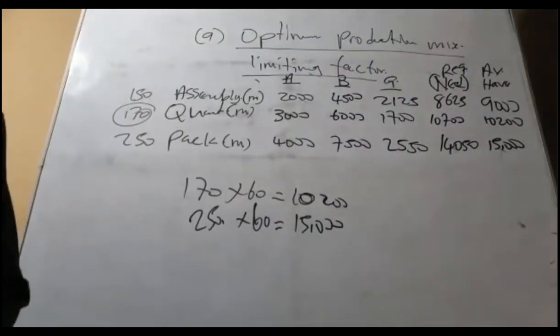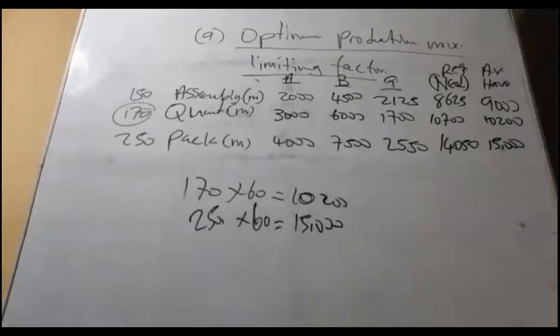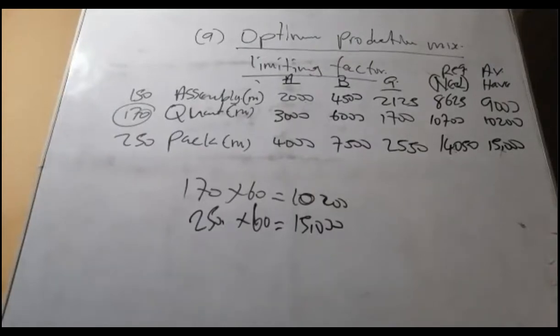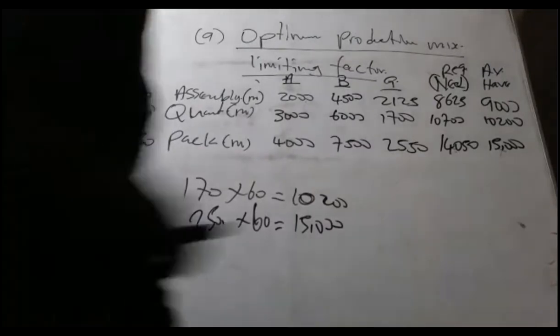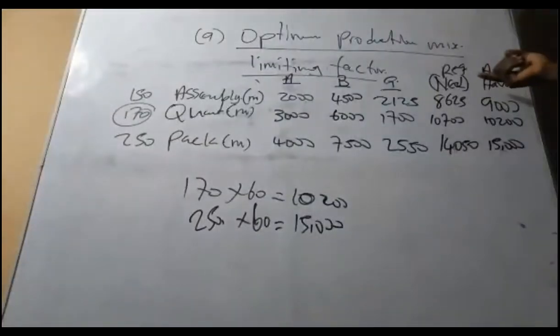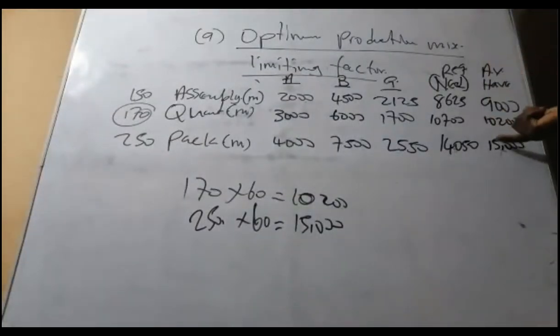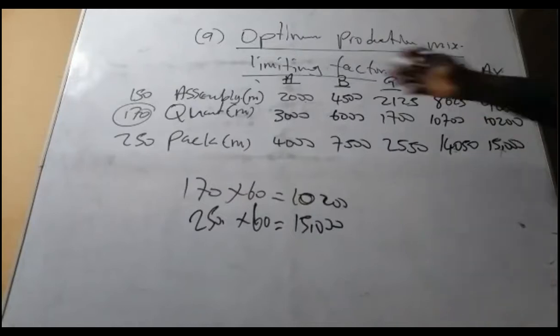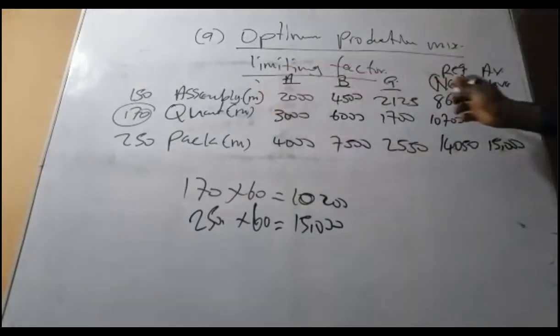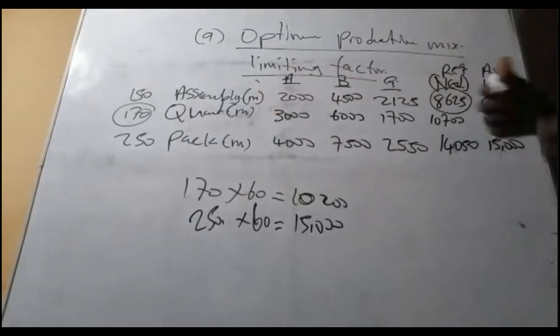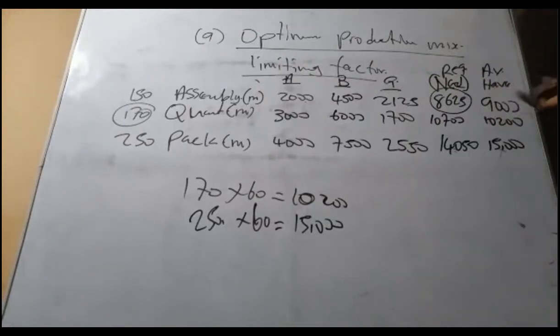Which of these resources is a bottleneck resource? Okay, so over here, the limiting factor is the quality control. Why? Because what you need is more than what you have. Let's take them one after the other. For assembly time, we need 8,625, however we have 9,000, so we have more than we need.